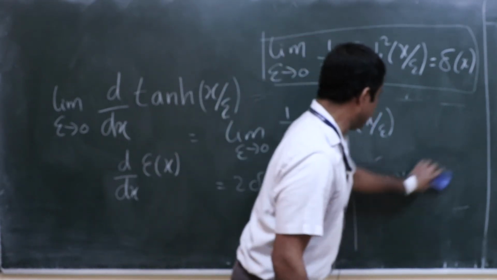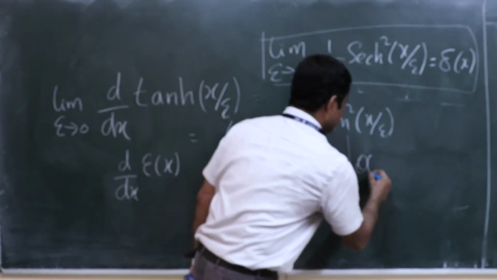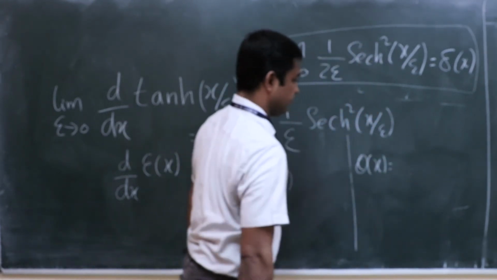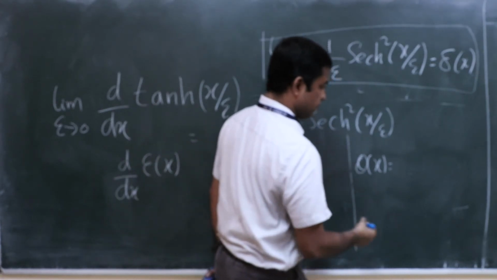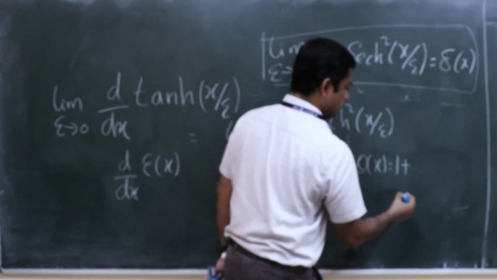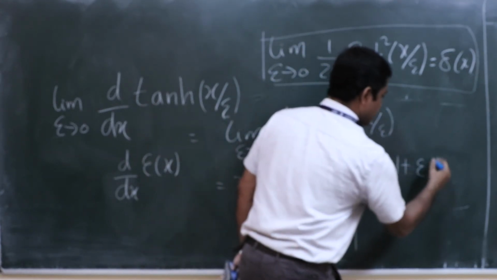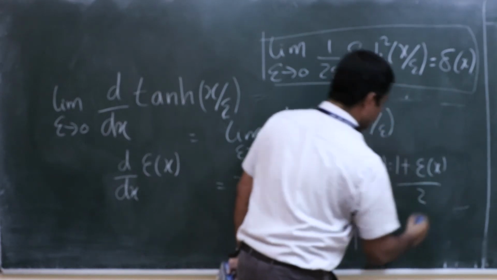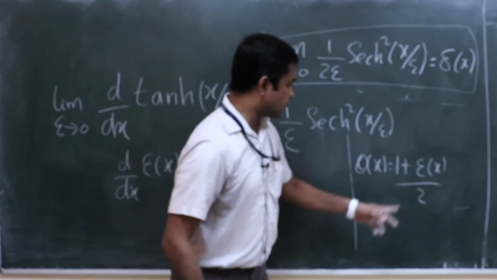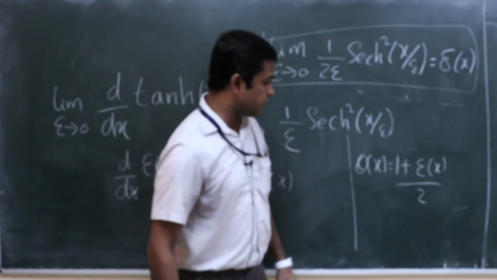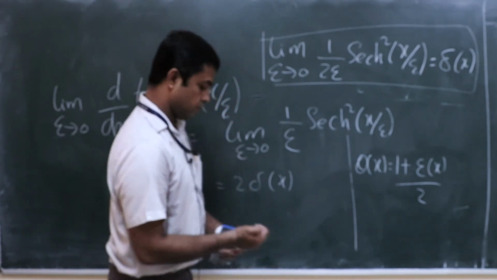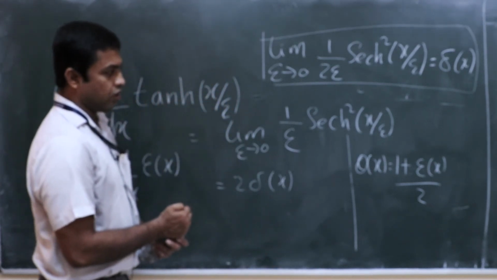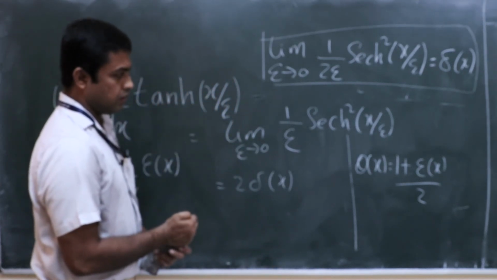Theta of x is equal to 1 plus epsilon x divided by 2. So what is d epsilon x by dx from this? What is the derivative of the sign function in terms of theta?